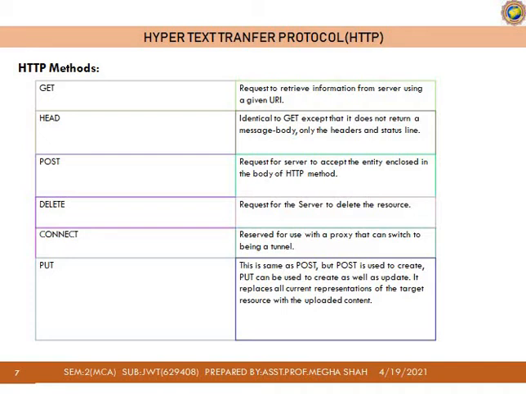For example, if one server is down, then in place of that server we use a proxy server. So this method is reserved for a proxy that can switch to being a tunnel. For a secured connection we use the connect method.